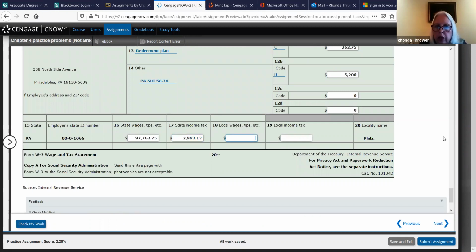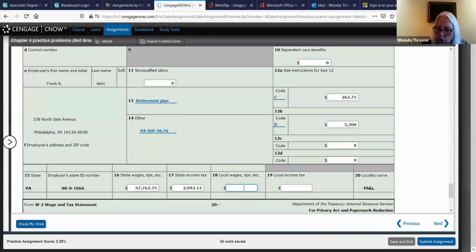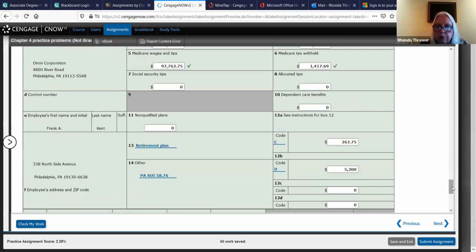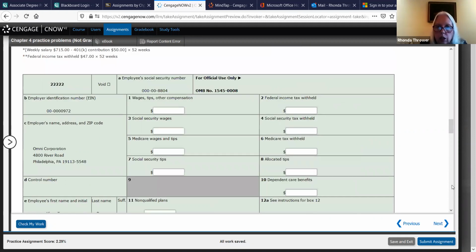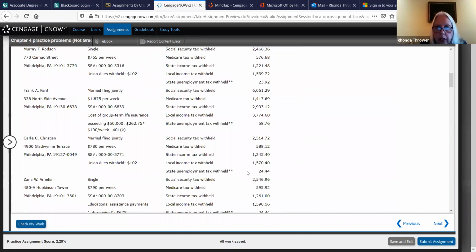And your local wages is going to be the same as your state wages. And your local income tax was given. The local income tax for Frank A. Kent was $3,774.68.